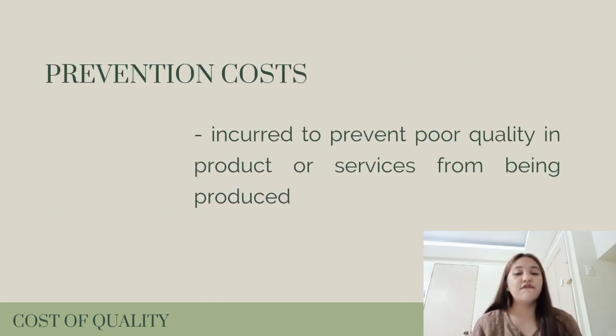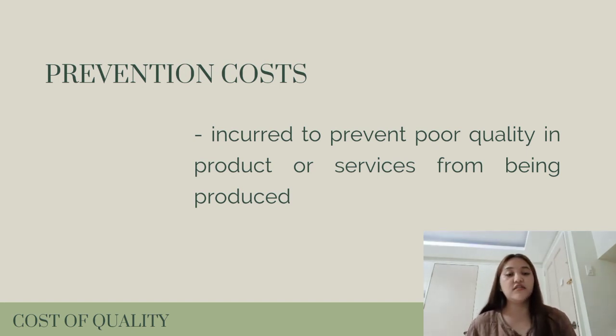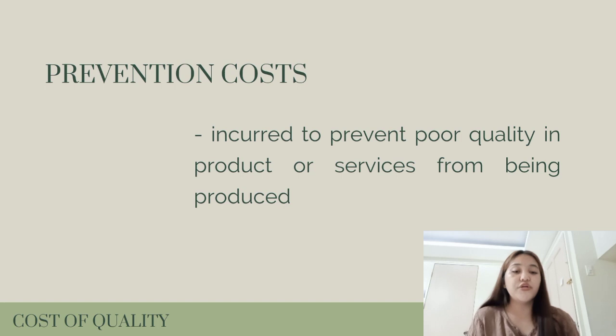So the first of the four categories of quality cost is the prevention cost. Prevention costs are the costs incurred to avoid producing unsatisfactory goods or services. If these are incurred, we would anticipate a drop in failure costs as preventative costs arise.